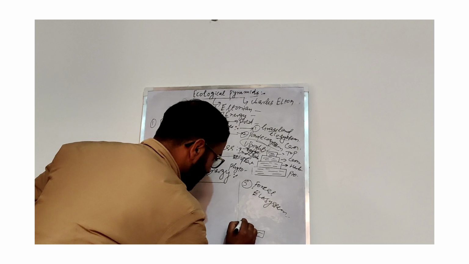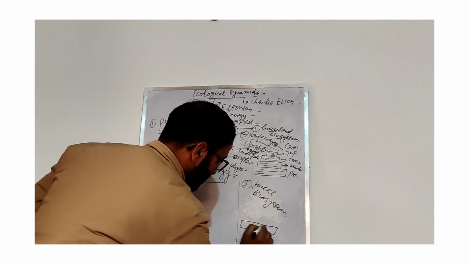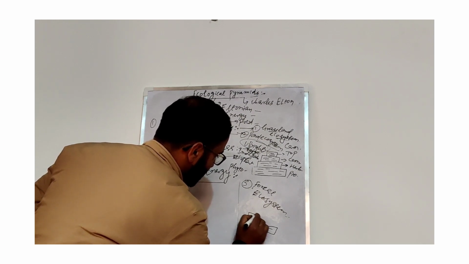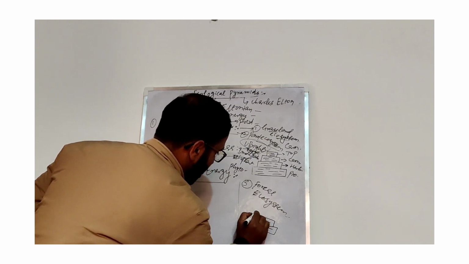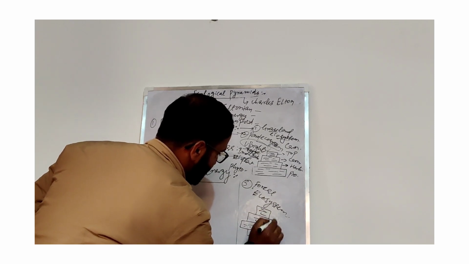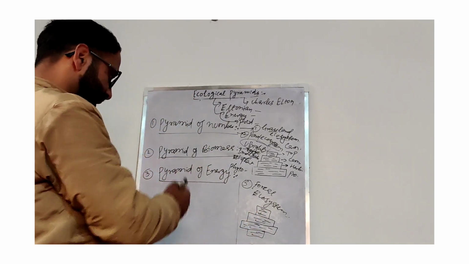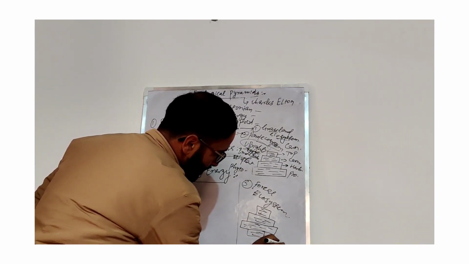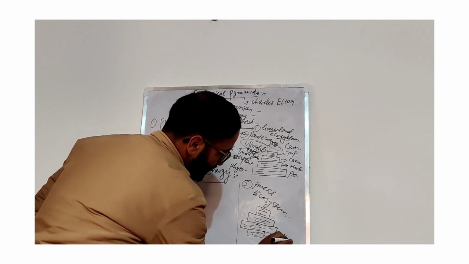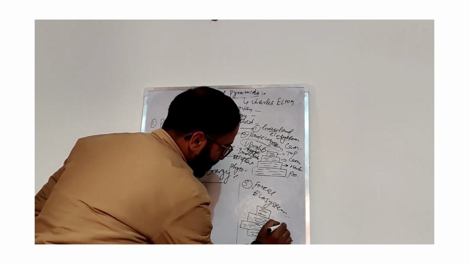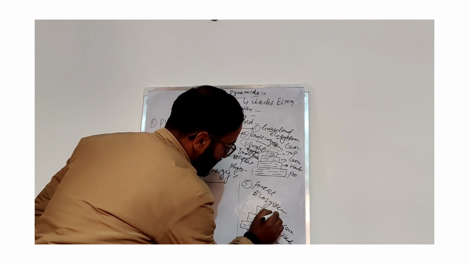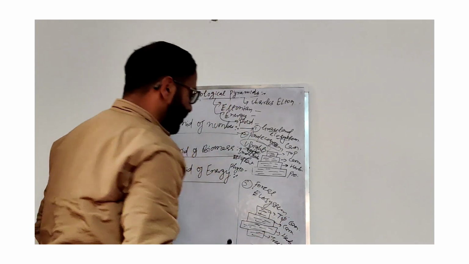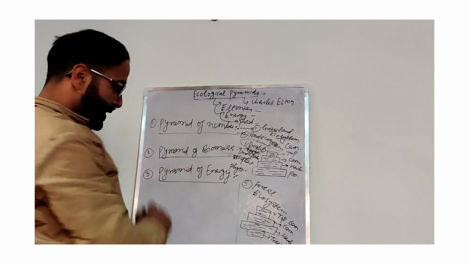Then the carnivores which feed on these herbivores, their number is less. And the top carnivores, their number is very small. So we get a figure like this. Here it is trees which are producers, then herbivores, then carnivores, then top carnivores.